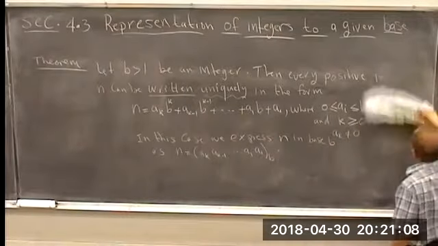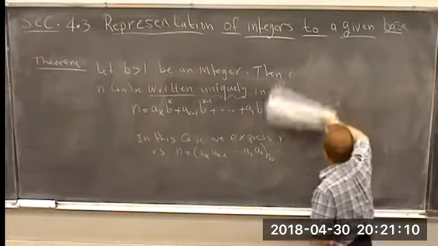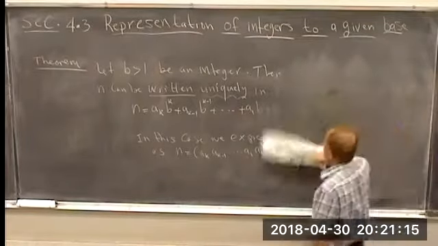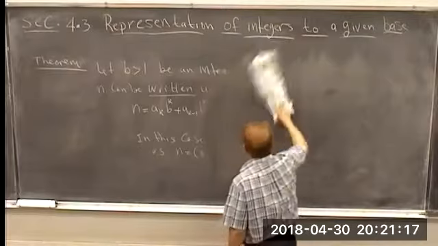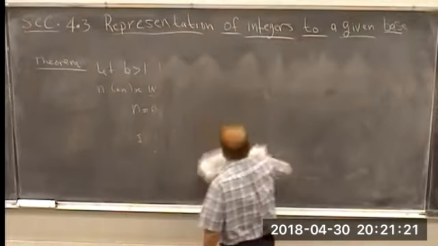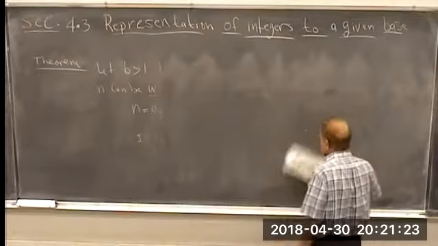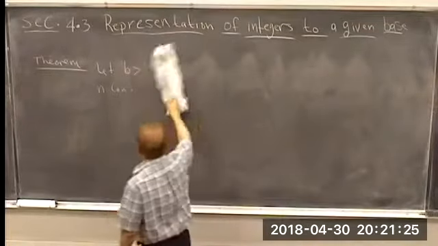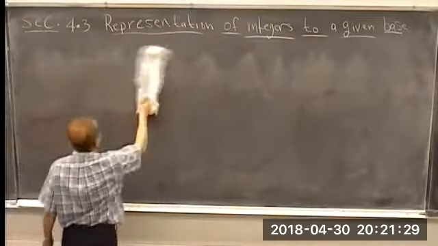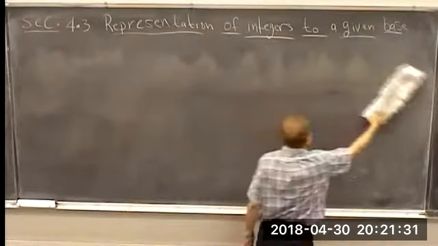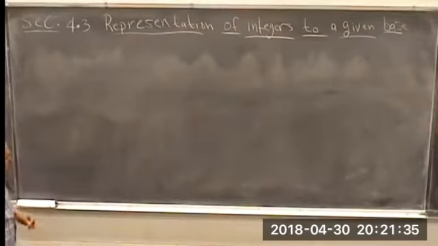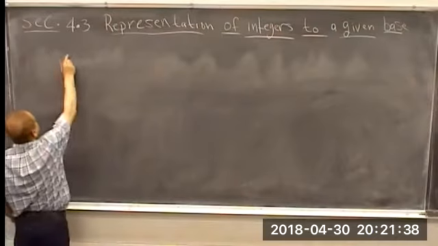The idea is to use the division algorithm repeatedly, like we did with the Euclidean algorithm, except in here we're going to be using not the remainders at each step, but the quotients. Okay? So here's the proof.